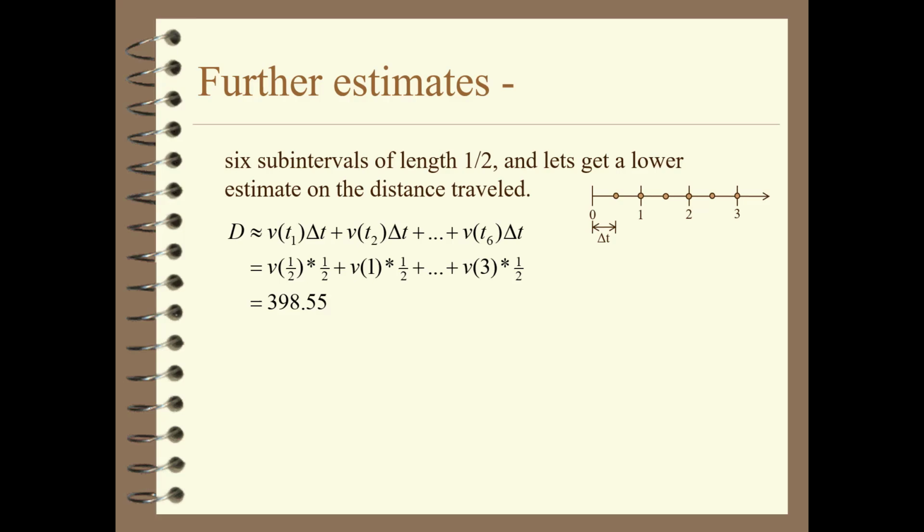So that's why I evaluate the velocity at a half. I multiply that velocity at a half by a half because that's the amount of time that's elapsed from 0 to a half. I do that then for every single subinterval. When you do so, you get this distance, 398.55 meters. So we know then the particle travels between those two amounts.